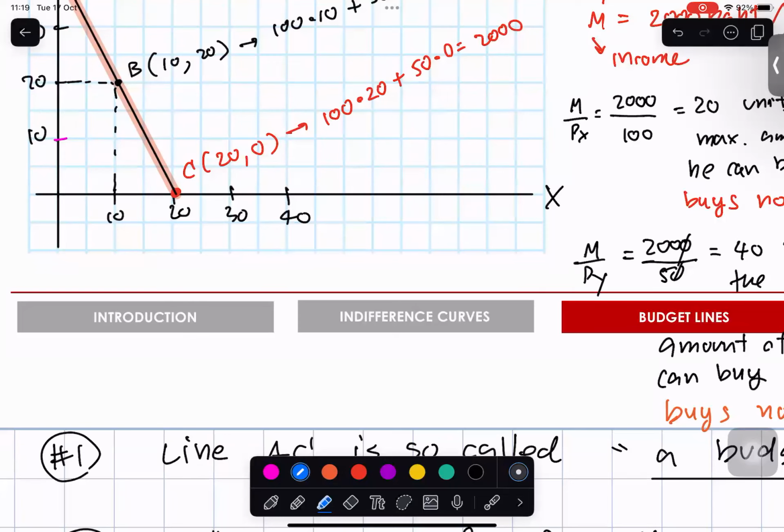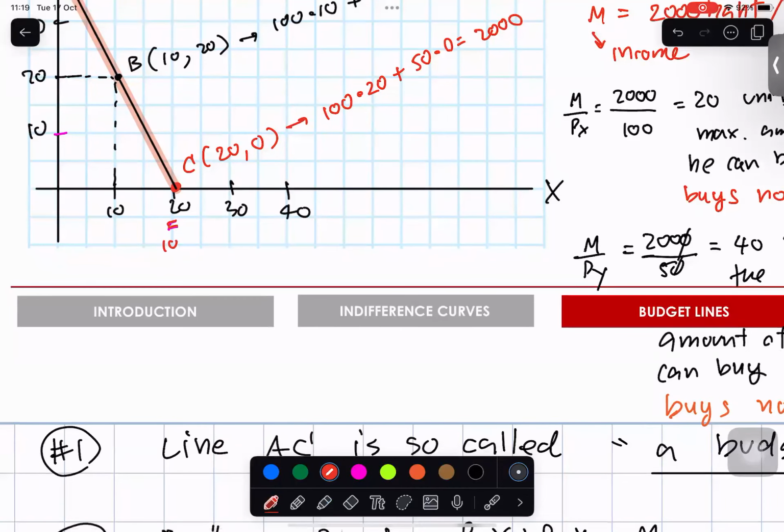He doesn't drink Pepsi at all. He can do that. He can pursue this basket. This 20 comes from what? It comes from this. This 20, the red basket here, comes from 2,000 divided by the price of pizza.